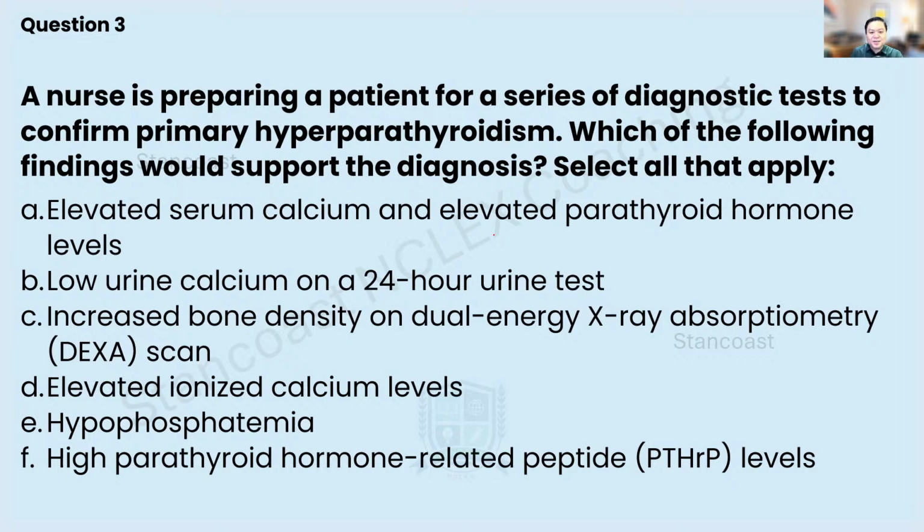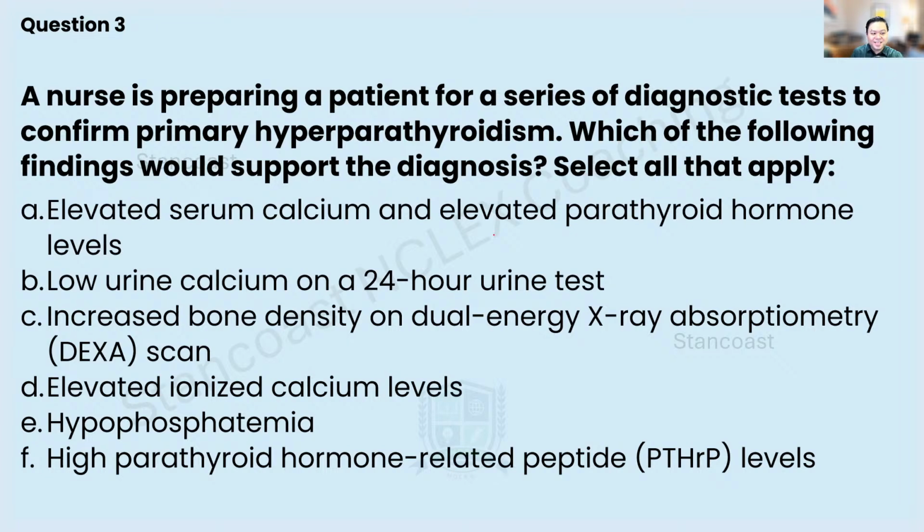C, increased bone density on dual energy X-ray absorptiometry, or the DEXA scan? D, elevated ionized calcium levels? E, hypophosphatemia. And letter F, high parathyroid hormone related PTHrP levels.